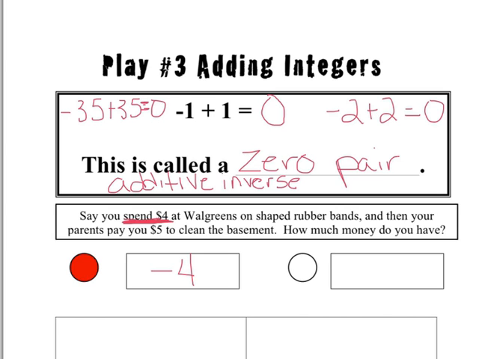But then our parents pay us, right? So this is a -4 plus a positive 5 because they're giving us $5. I'm going to just erase this because I want to write the negative right here. -4 plus a positive 5. That's what we're really doing there.